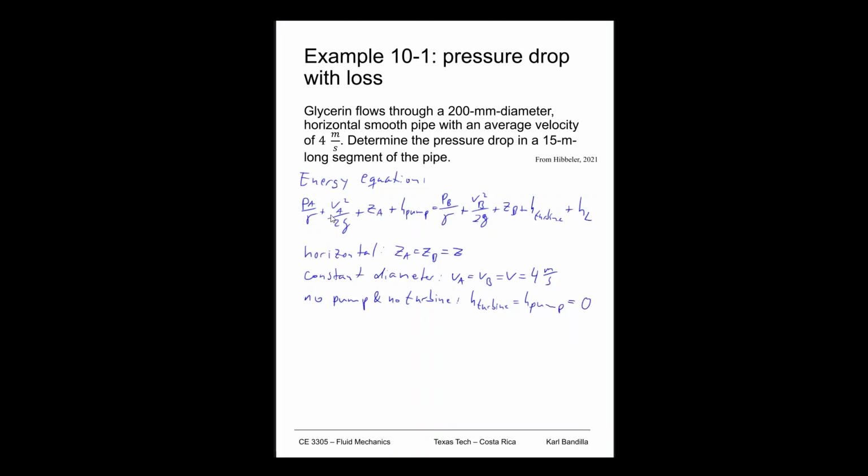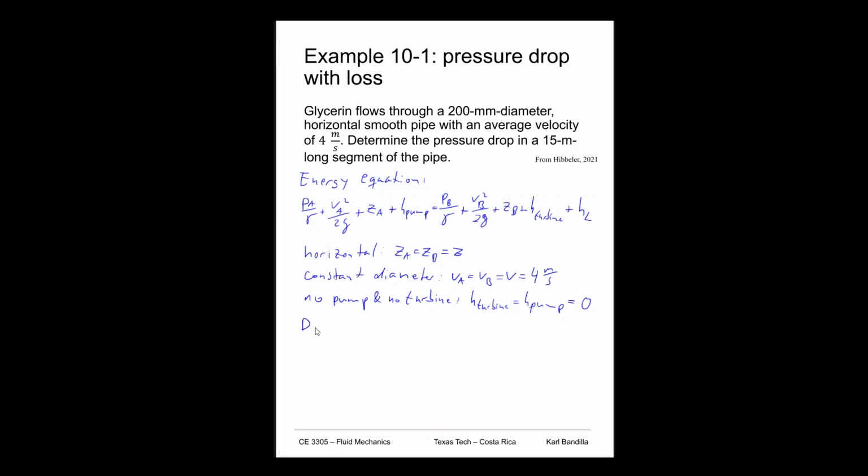Let's see, what else are we missing? So we want the P_A and the P_B, right? That's where we're looking for the pressure drop, so we'll keep those. The velocity we have, Z_A we have, H_pump we have, H_turbine we have. So we're missing the loss term.